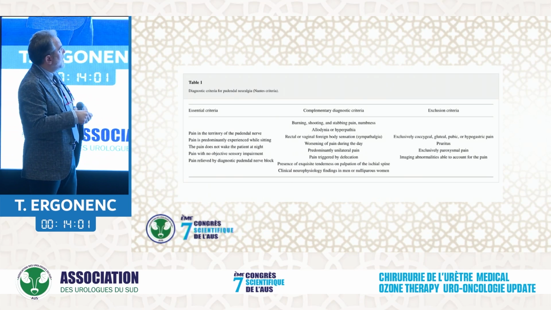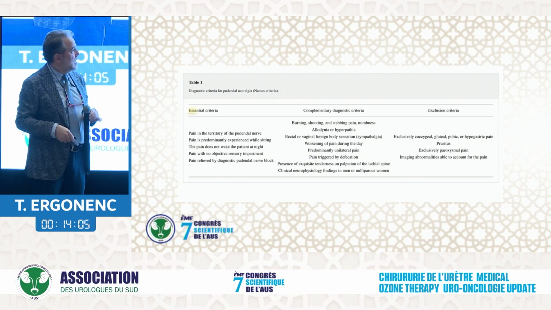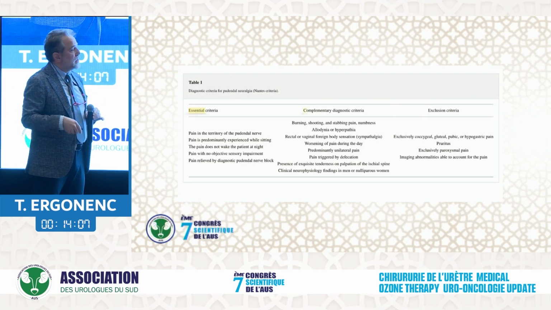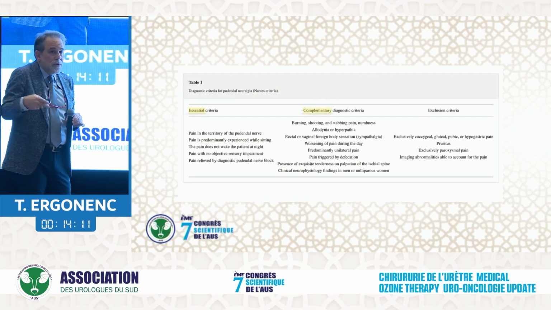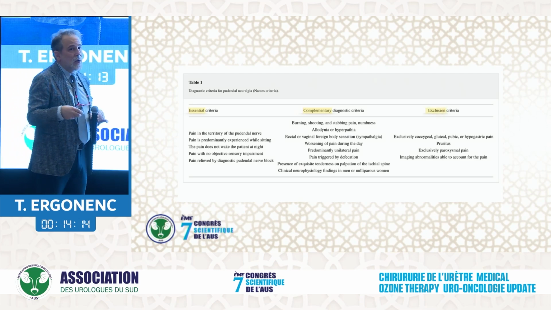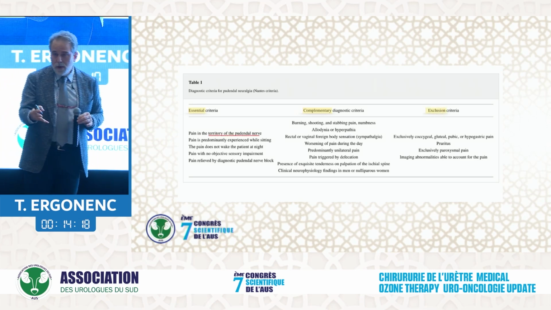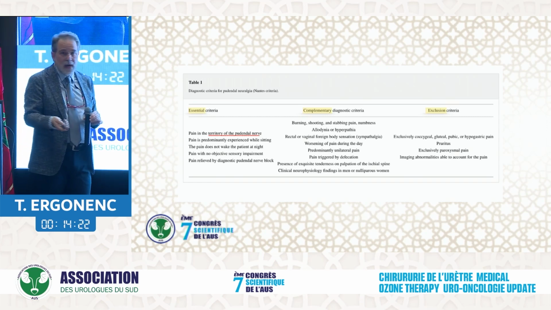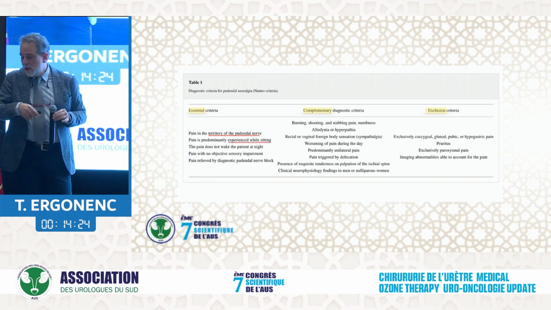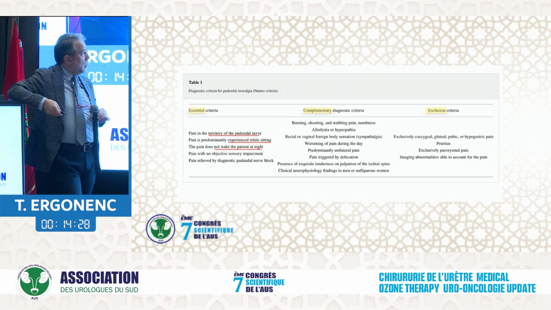There are essential criteria and complementary criteria you can find easily here. After the diagnosis, you have to be sure there is a pudendal nerve entrapment over there. You can do your diagnostic block under ultrasound guidance. You don't need to use CT or fluoroscopy for this diagnostic block.